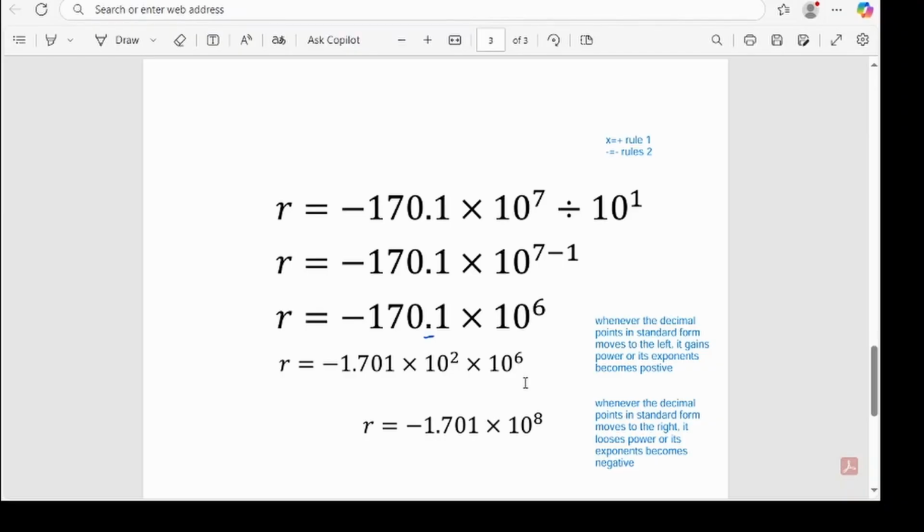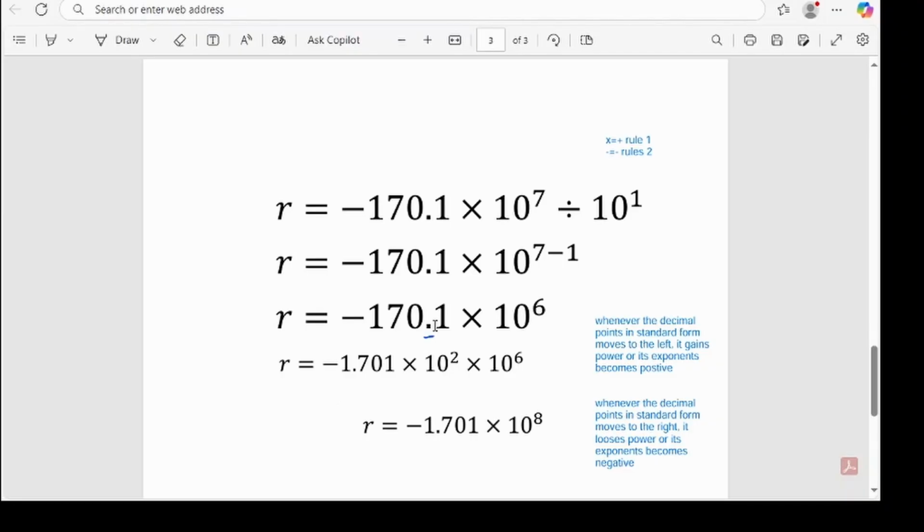In order to do that, we have to move the decimal point. In standard form, whenever the decimal point moves, it determines how much power the exponent gains or loses.